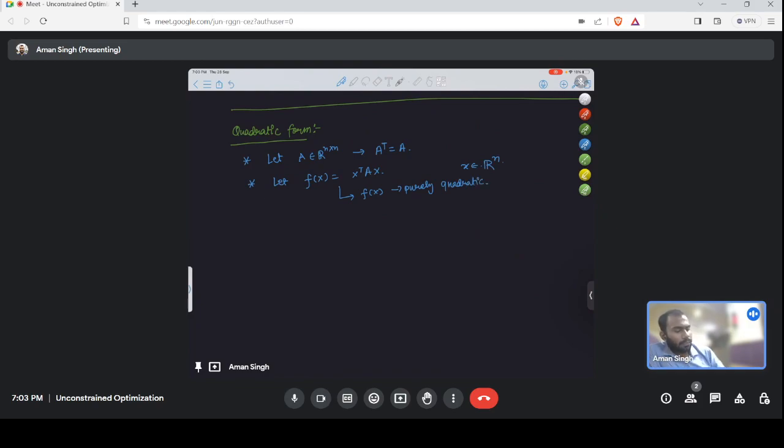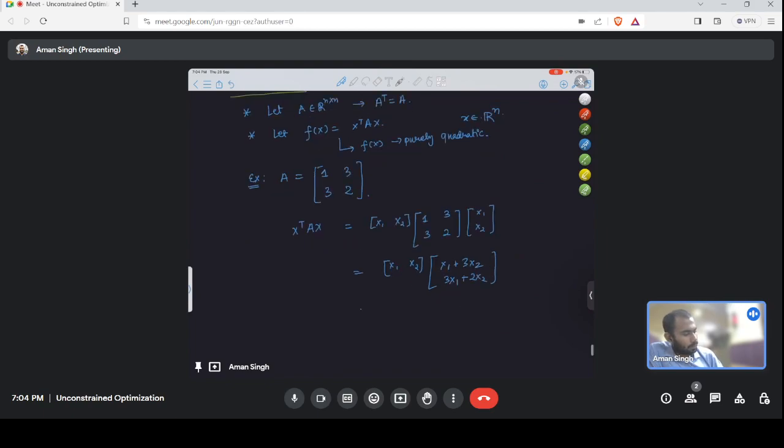What does this mean? Let's see it with an example. Let's say A is a symmetric matrix [[1, 3], [3, 2]]. Let's see what x transpose A x means. It means [x1, x2] times the matrix times [x1, x2], which gives x1 plus 3x2 and 3x1 plus 2x2.